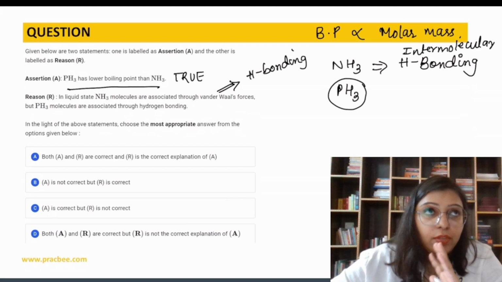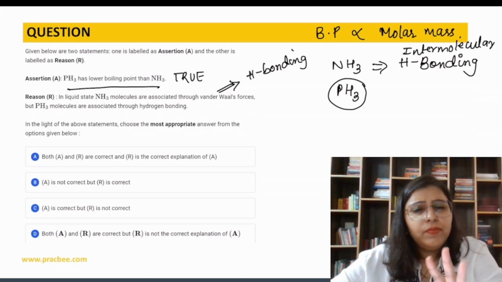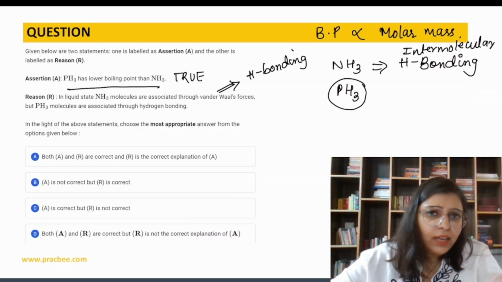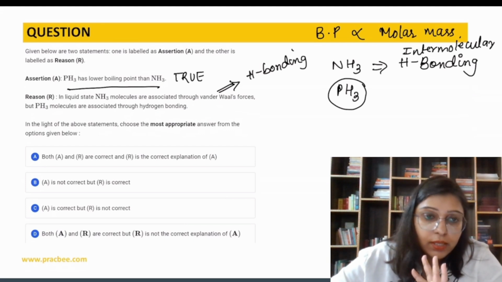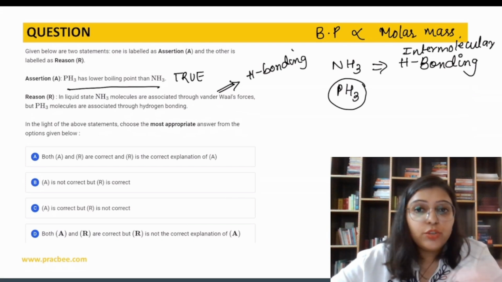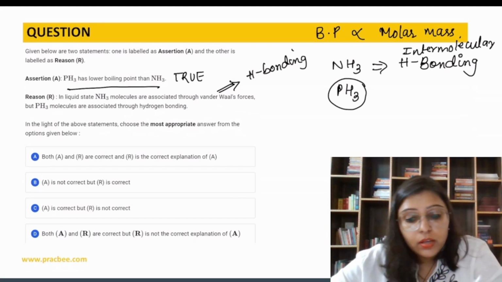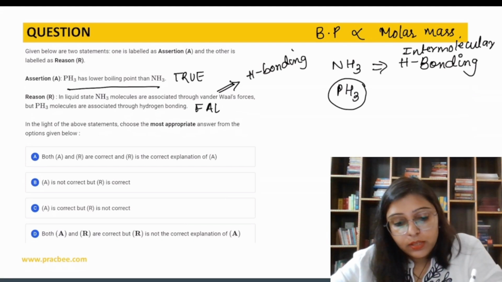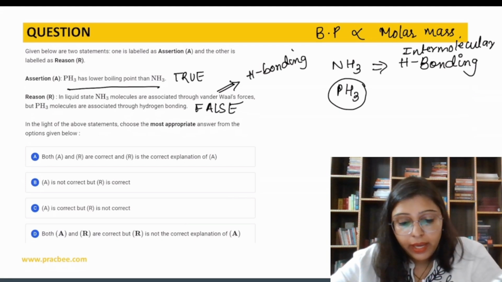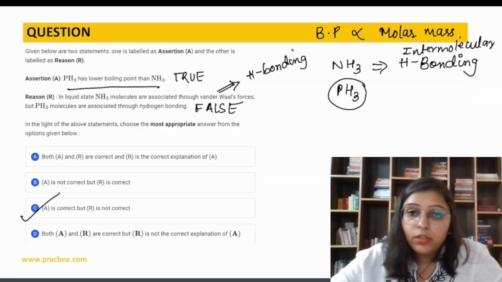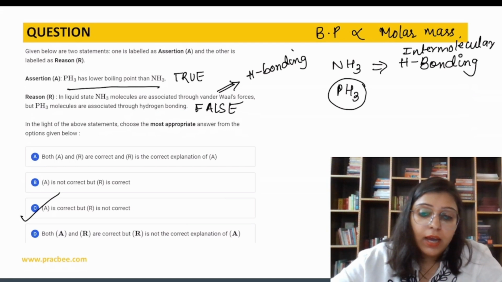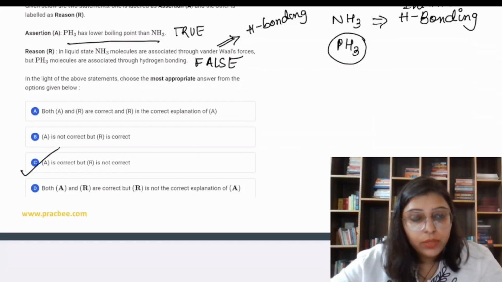If we have a non-polar molecule or if the polarity is less, then van der Waals force can be present. Otherwise, if we have a polar molecule, then dipole-dipole interaction can be there. Okay, so the reason is false. So A is correct and R is not correct. So option C is the correct answer. Now let's do the next question.